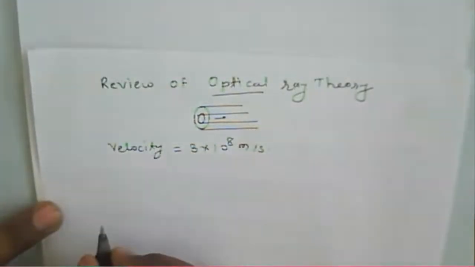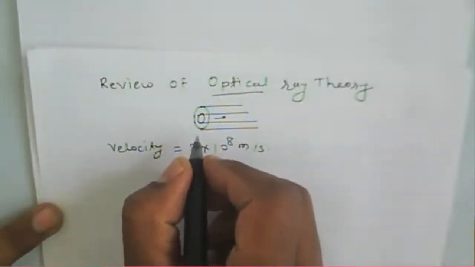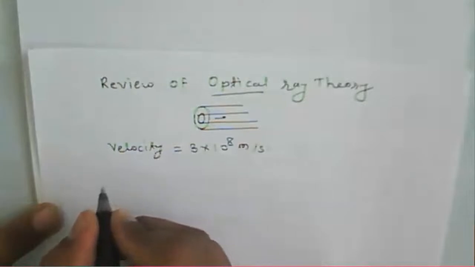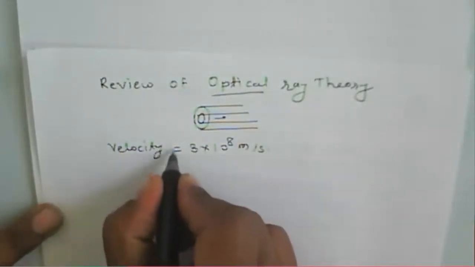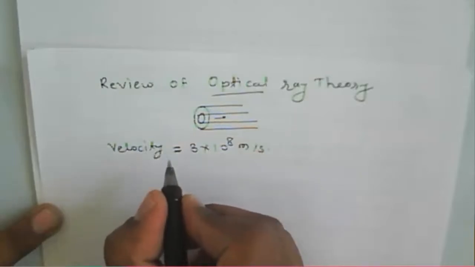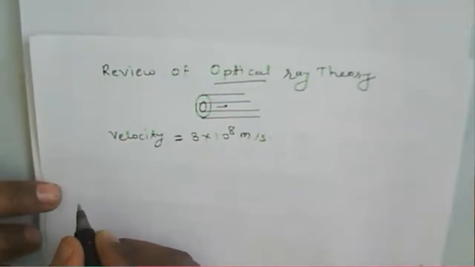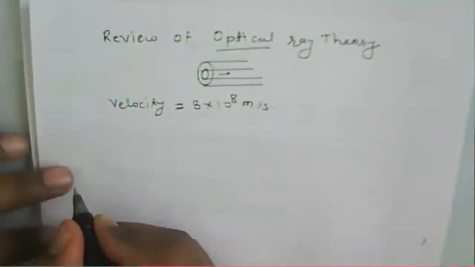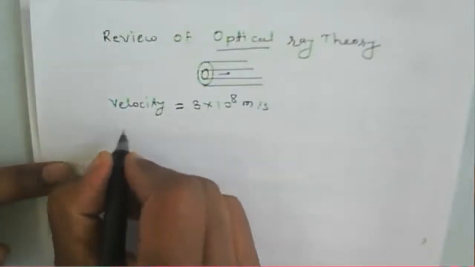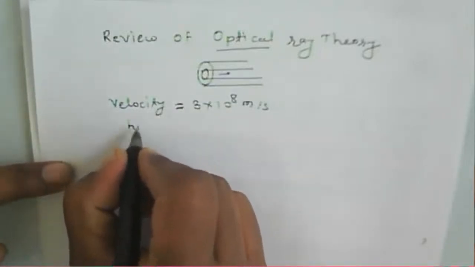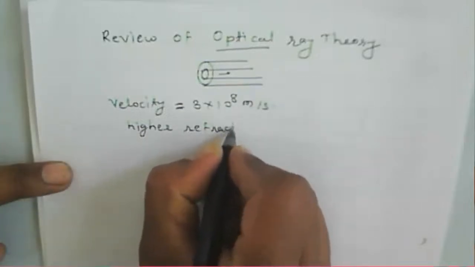But in the case of a material or any medium, not all light frequencies propagate with the same velocity, because the material has a denser cross section, or a higher refractive index.